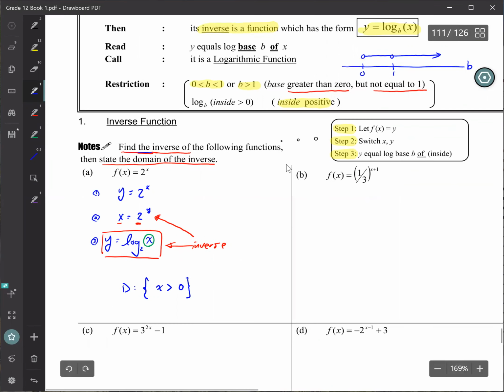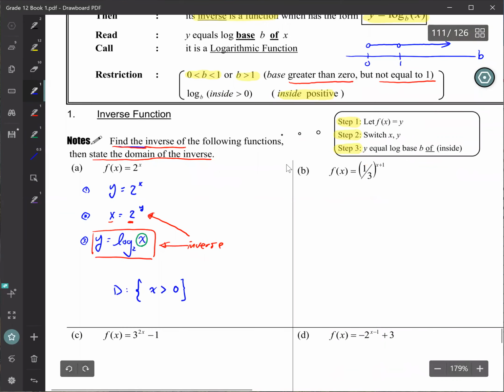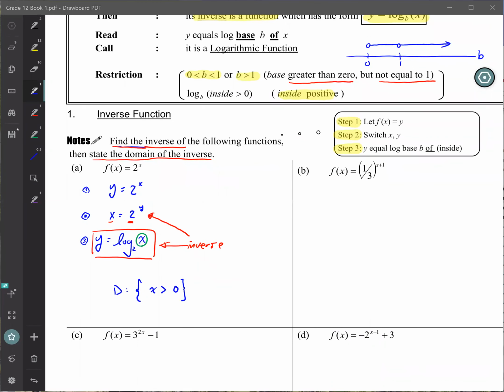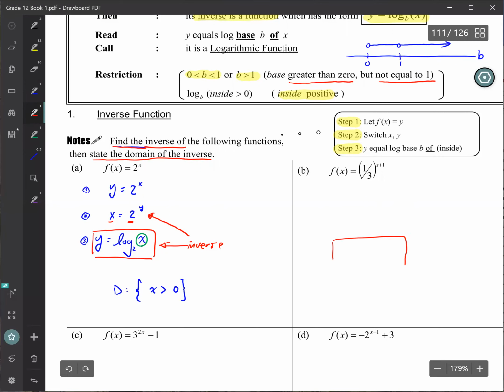Okay, so I would like you to try question B by yourself, okay? So find the inverse. This one is a little bit different, but I think you can handle that, okay? So once you get the answer in the red box, whether or not you think you get it right, you can raise your hand, okay? Then we can go over the steps.